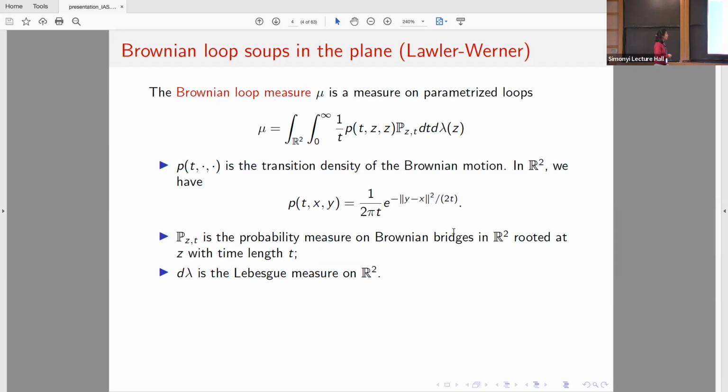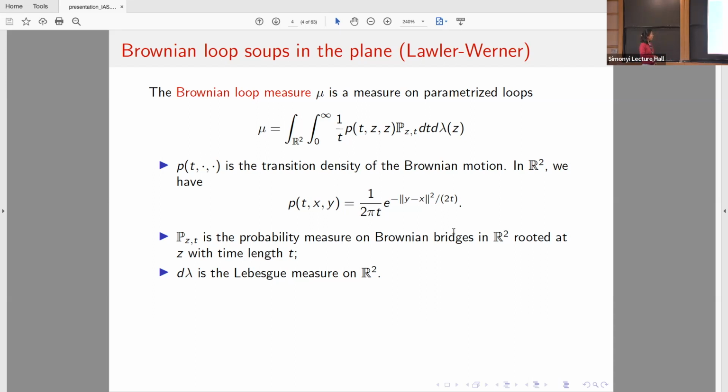This P_{Z,T} is a probability measure on two-dimensional Brownian bridges with time length T and root Z. And this p_T(Z,Z) is a real number. It is the weight, which corresponds to the transition density of the Brownian motion in dimension 2.